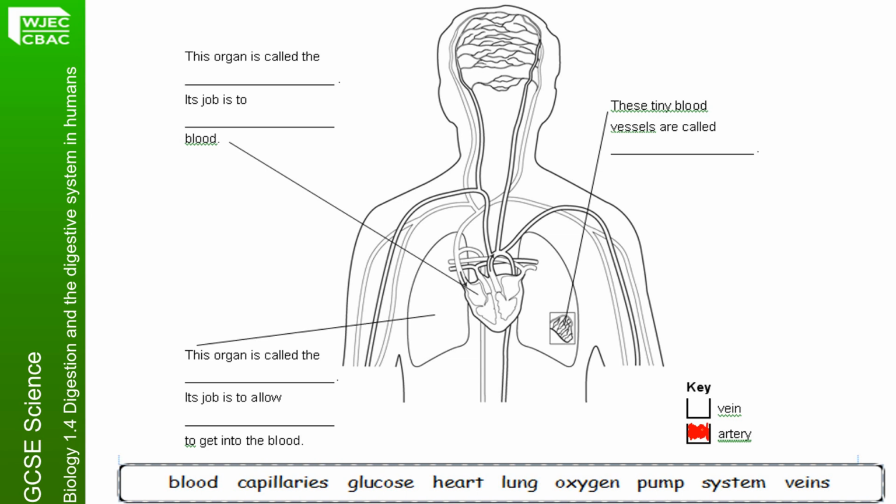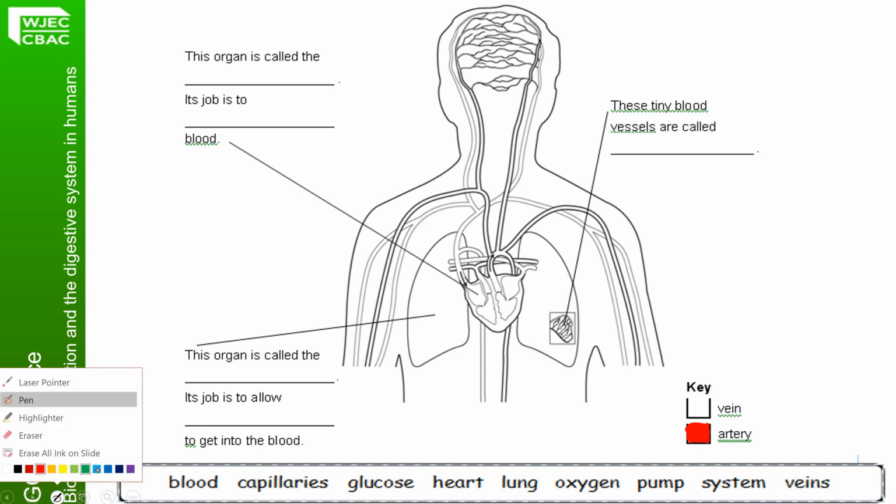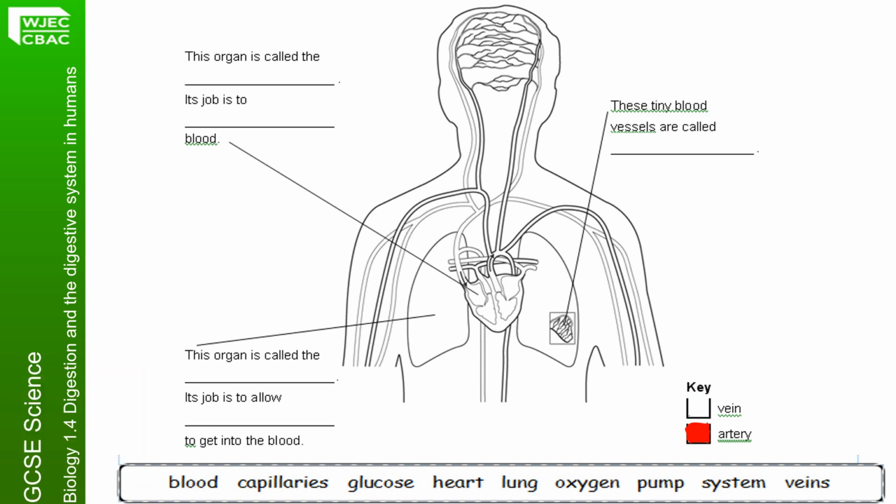That's going to be our artery in that box there. So arteries are going to be shown in red. And then in blue, we're going to colour in our veins. Like that. So colour those boxes in first of all for me. You can pause the video to give yourself a chance to get those coloured in.